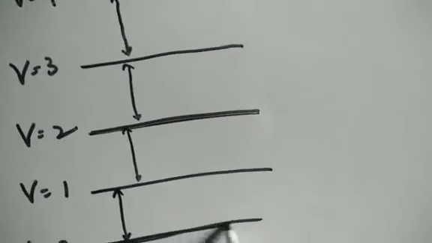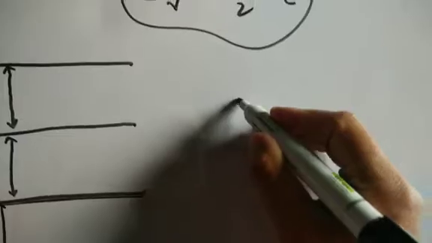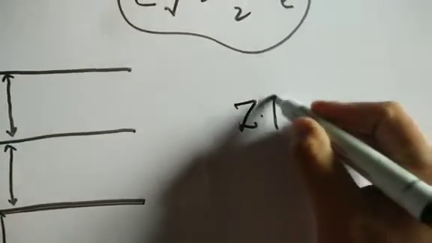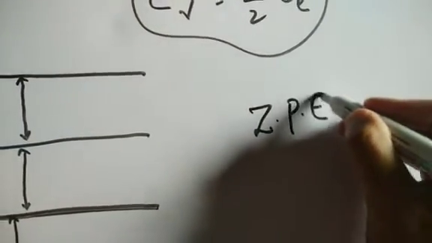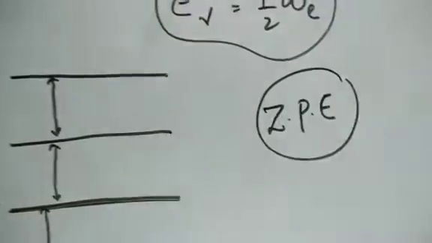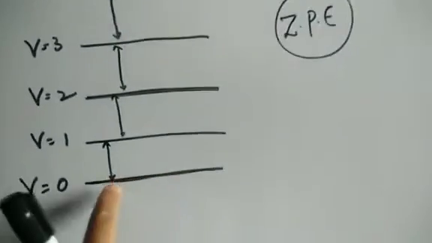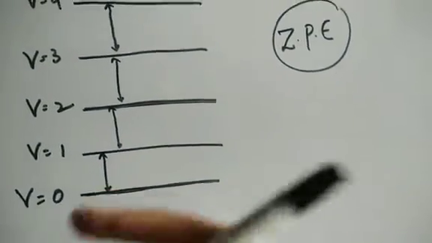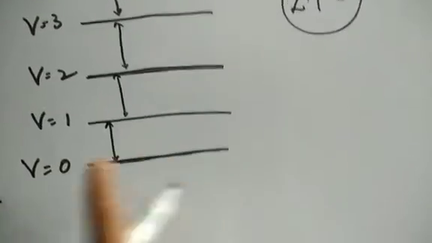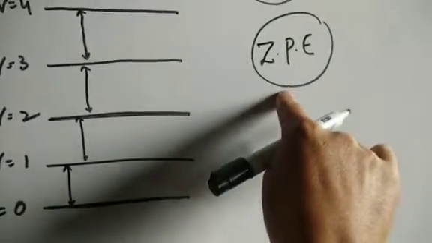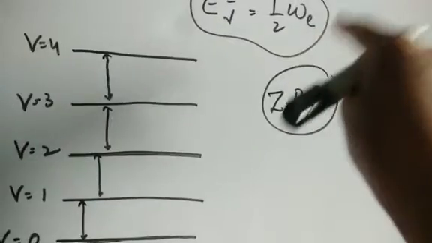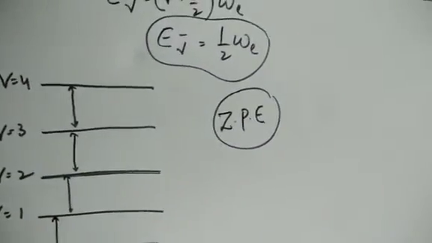So we can write the zero-point energy: the vibration energy possessed by the molecule when it is present in the ground state. In rotation spectroscopy, when J was 0, energy was 0, but it's not 0 here. So every molecule does possess some vibration energy, even when the molecule is in the ground state.